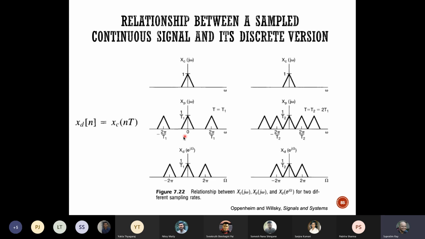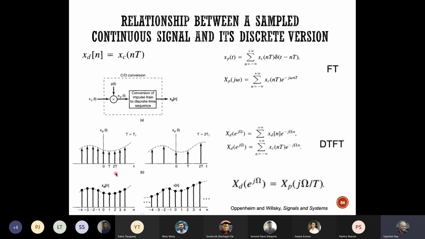These are infinite copies, with this being the omega axis, and this frequency here is omega s. It's 2 pi by T1, where T1 is the sampling interval. And when I look at the DTFT, I have lost information about omega s, because I have lost information about T. It's only samples in n.